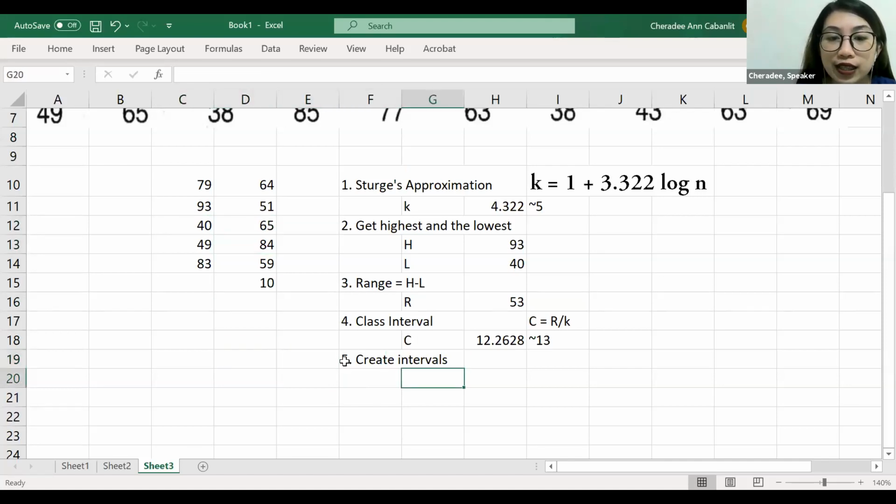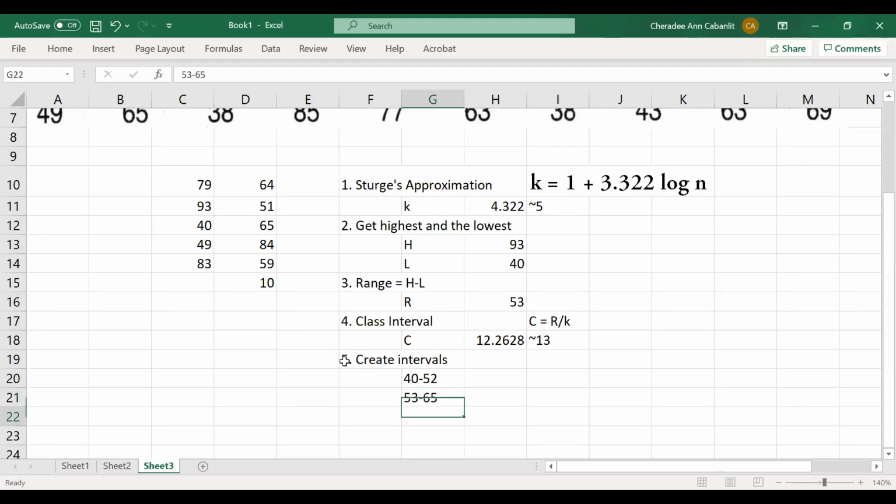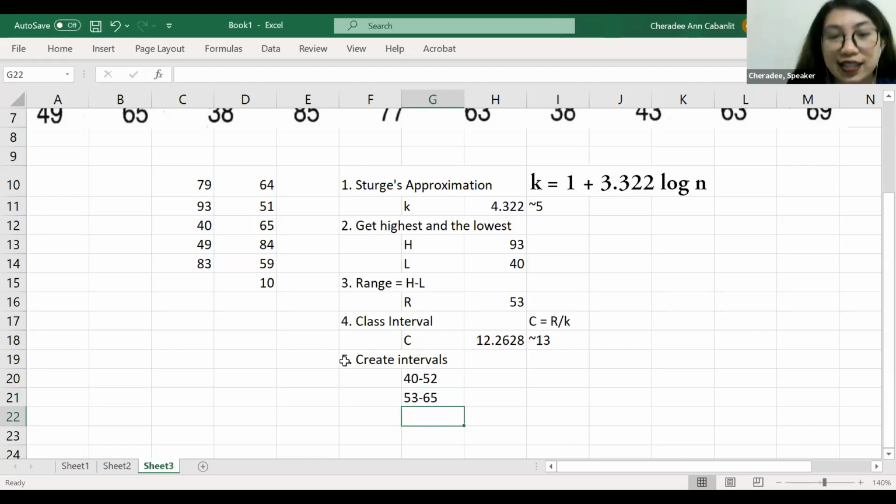So 40 plus 13: counting 40, 41, 42, up to 52. Adding 13 gives 53, minus 1, 52. Then 52 plus 13 is 65, next is 66, and 66 plus 13 is 78.